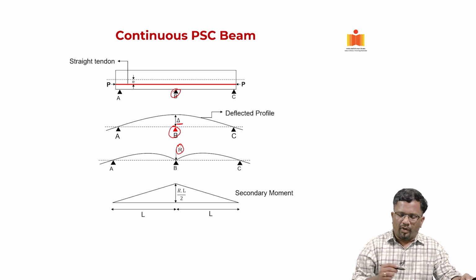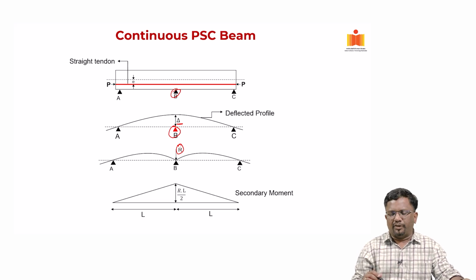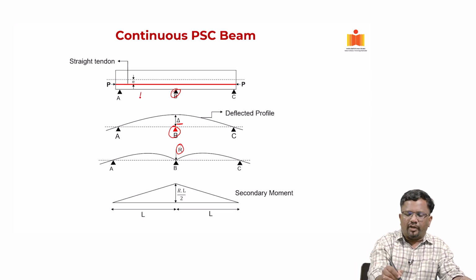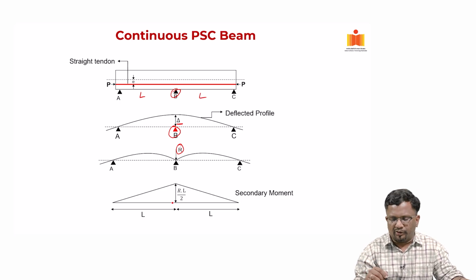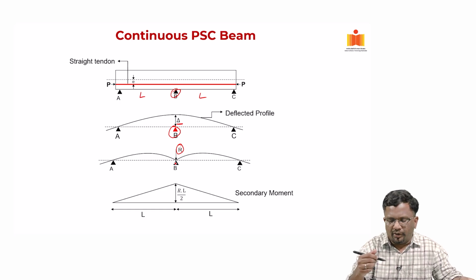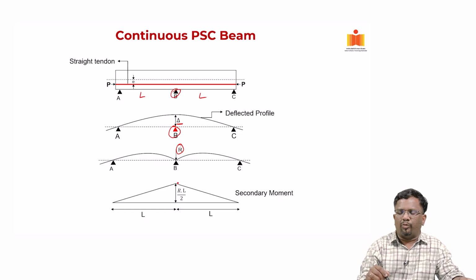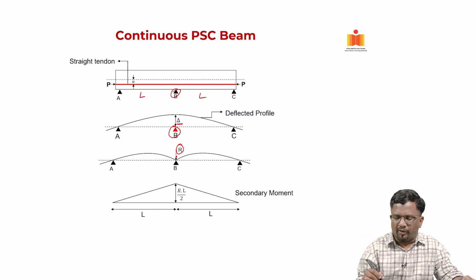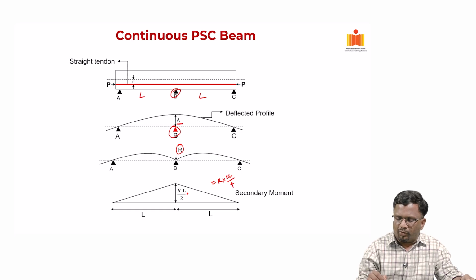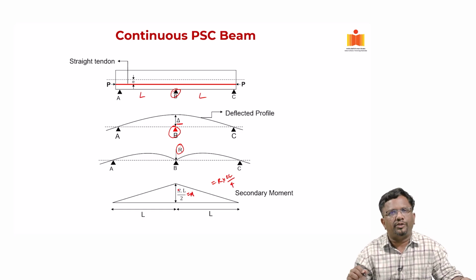Now, because of this reaction, we know that, let us say, the span is L here and L here, so the total span is 2L. Let us assume that this reaction is applied like an external load. You will find that the secondary moment due to the reaction will be, typically for a concentrated load, we take WL by 4. In this case, W is R and L is 2L, so 2L by 4. So, you get moment equal to RL by 2.